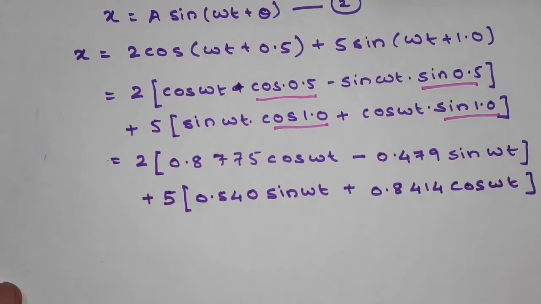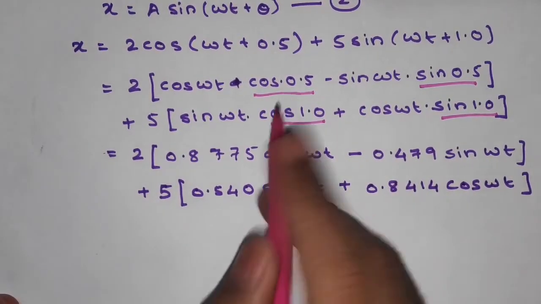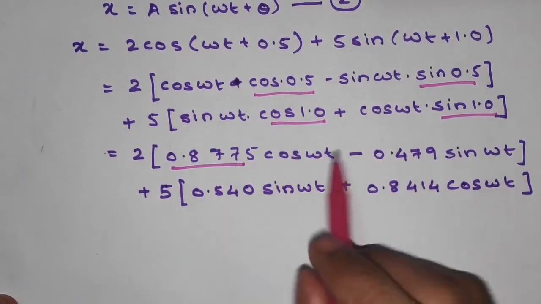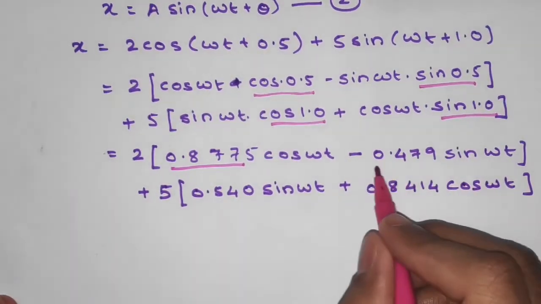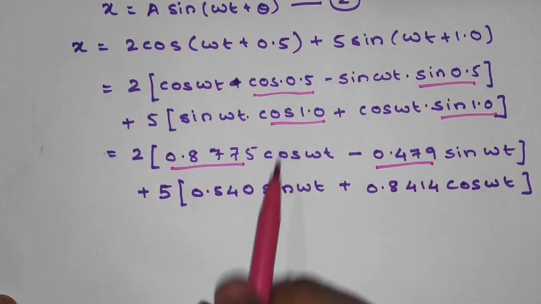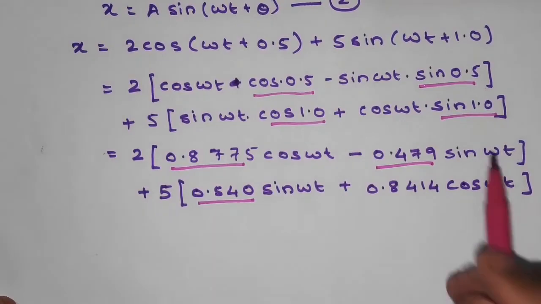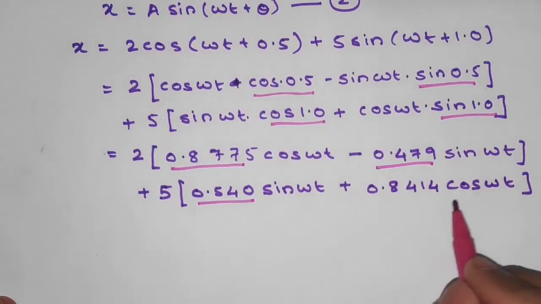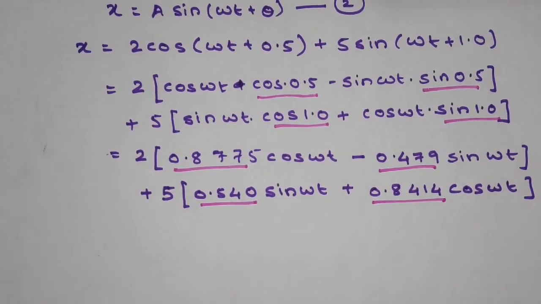So here we have got these values: cos 0.5 is 0.8775, sin 0.5 is 0.479, cos 1.0 is 0.540, and sin 1.0 is 0.8414.